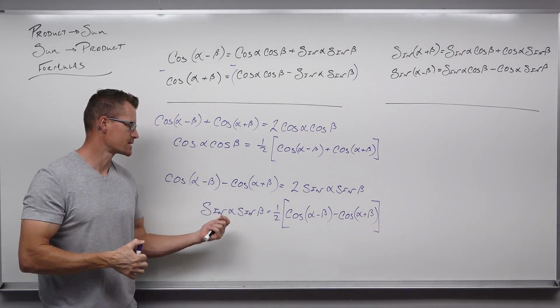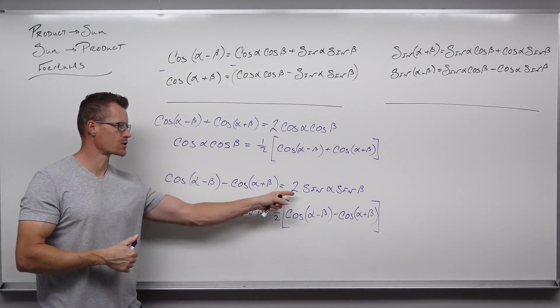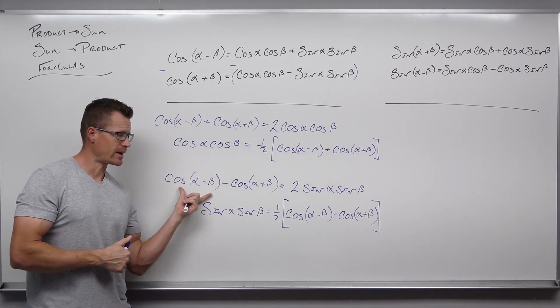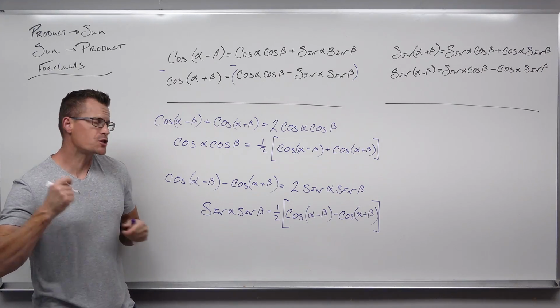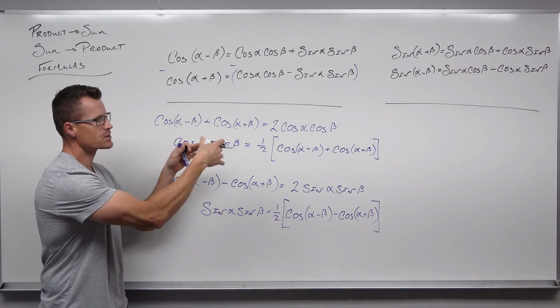And we can see it. We can see sine alpha times sine beta equals 1/2 cosine alpha minus beta minus cosine alpha plus beta. These are the first 2 of our product into sum formulas.